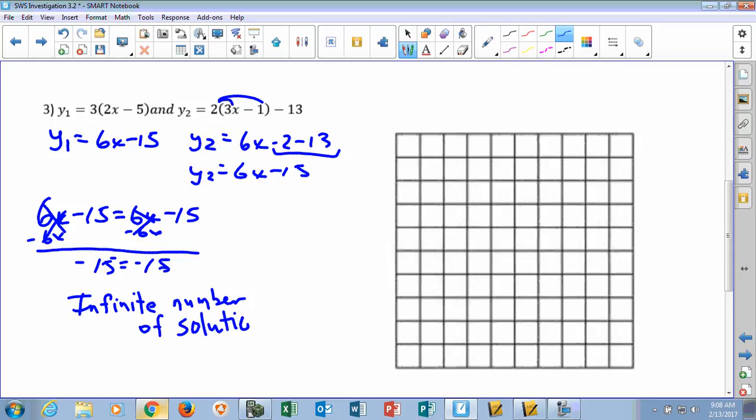Because they're the same line. These lines have the same slope, right? Which we said in the previous problem are parallel, right? But they also have the same y-intercept at negative 15.